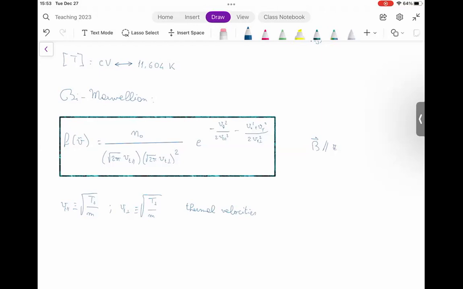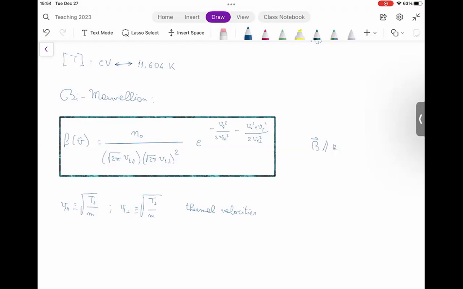And it turns out that the kinetic energy, or the average velocity squared, along the magnetic field can be rather different from the average square of the part of the velocity that is perpendicular to the magnetic field. And that's how we can end up with two different temperatures.